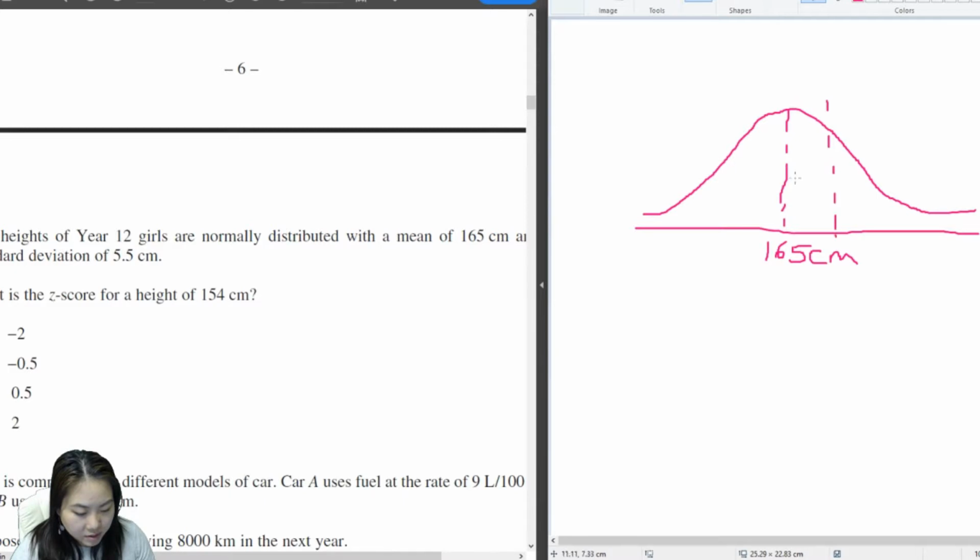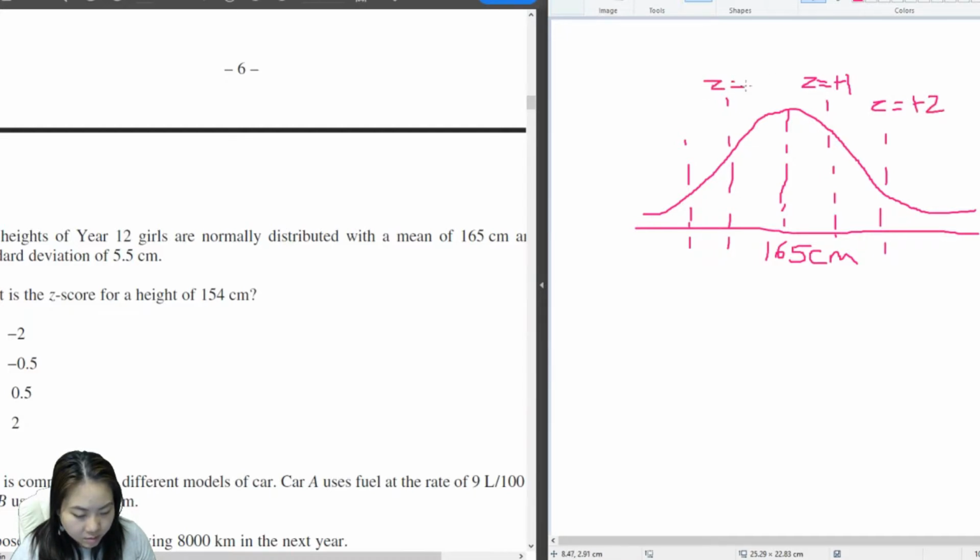And then we just have standard deviations or Z-scores on either side. So this is a Z-score of +1. This is a Z-score of +2.